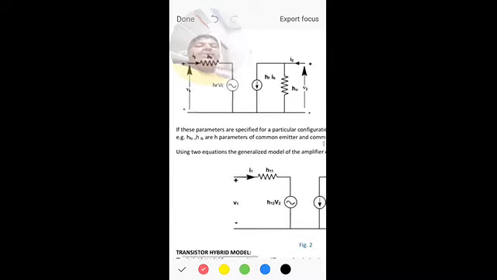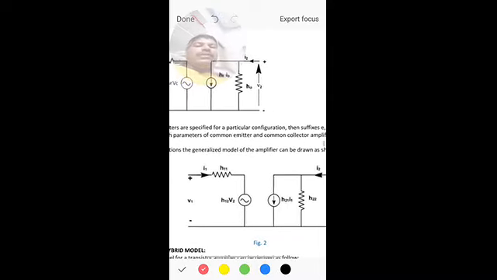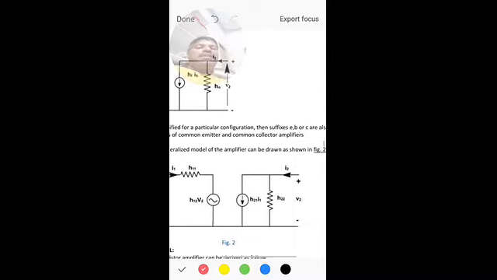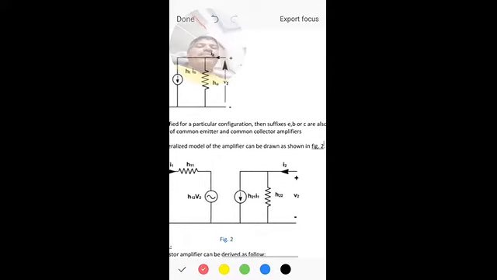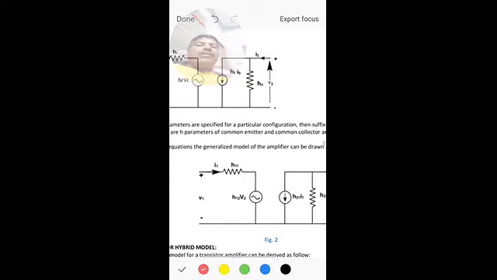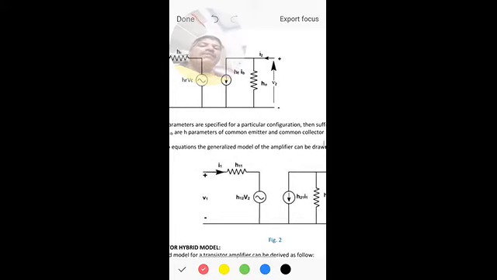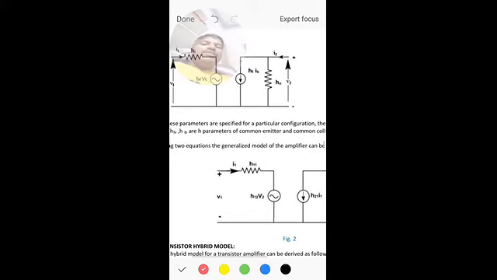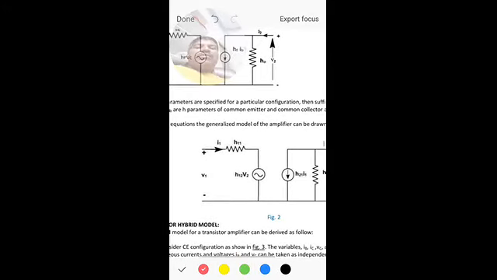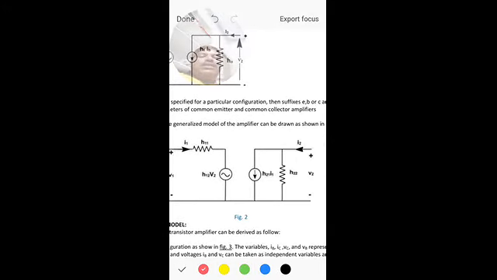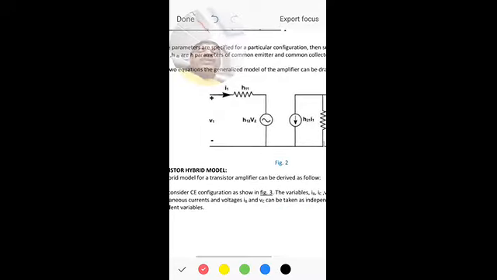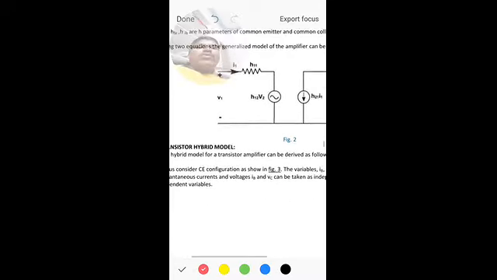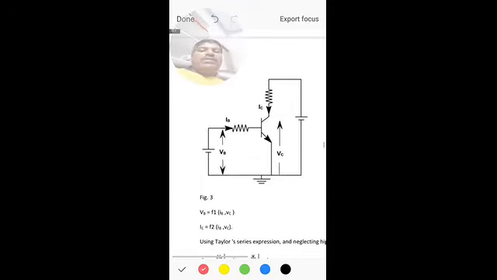These parameters are specified for a CE configuration. Then for the CC configuration, this is the H parameter model, transistor hybrid model for CC configuration.